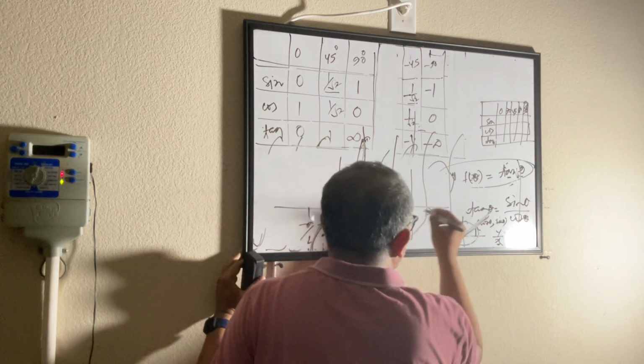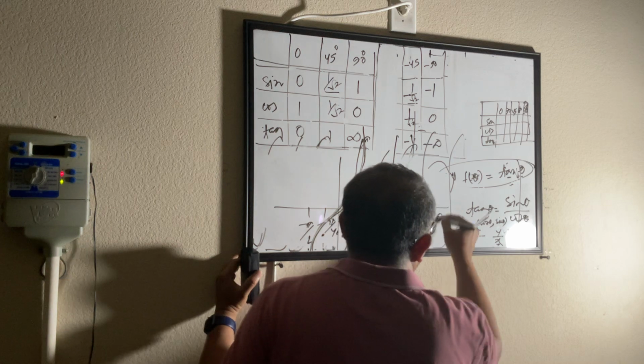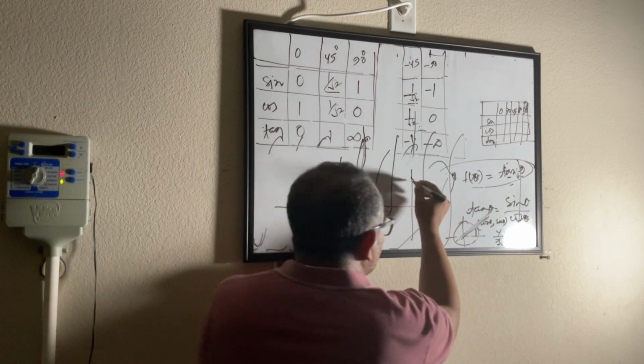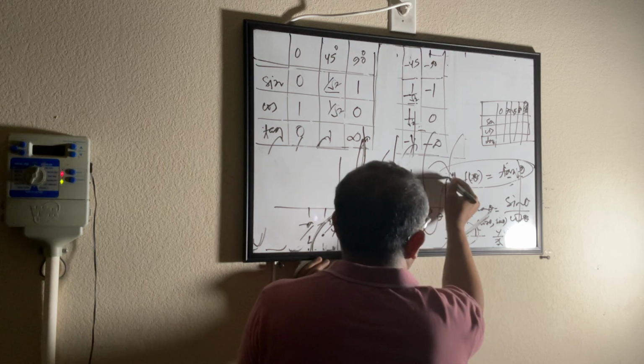What we saw in terms of sine and cos theta, for every 2 pi, one cycle was completed. Okay? From here to here it was 2 pi.